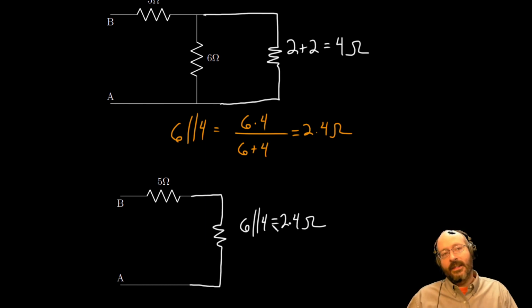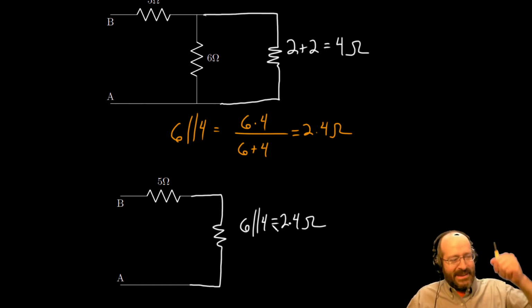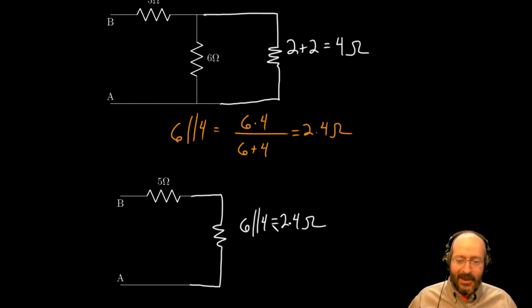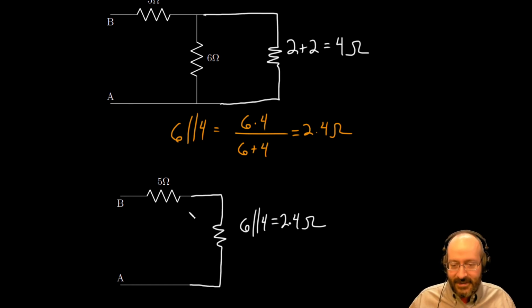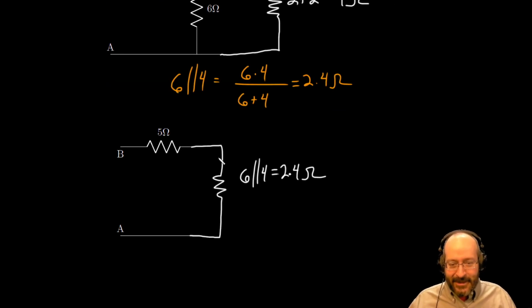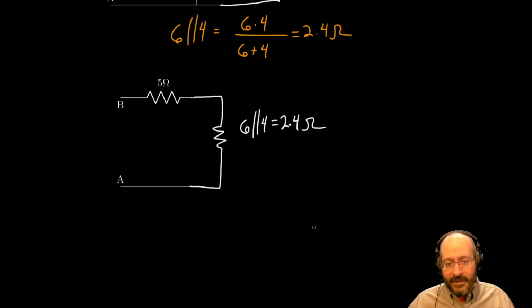Okay, last one. Just beating a dead horse here, right? What's in series and what's in parallel? Hopefully by now you can see that they are in series, and that they are connected here. They're the only two resistors left, and they are correctly connected in series.